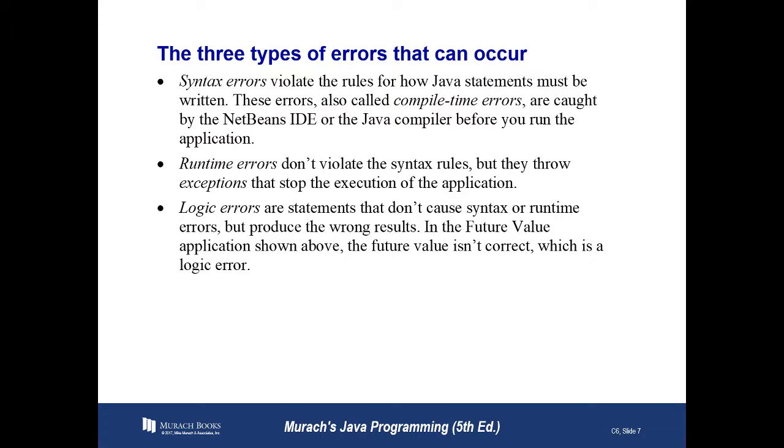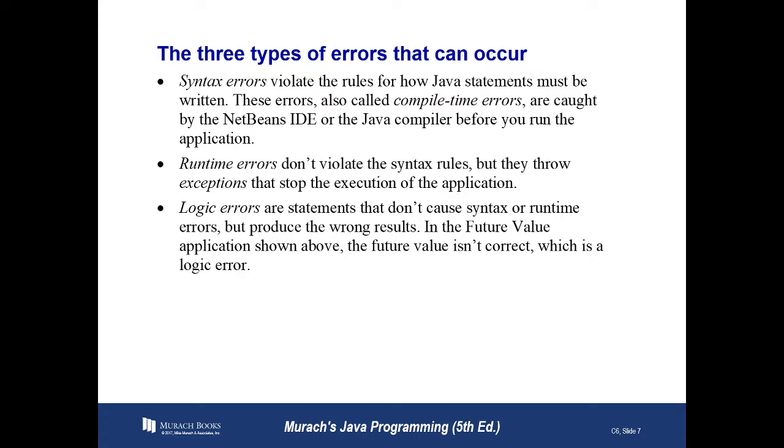So when we get the message from NetBeans that we have an error and it says, would you like to run the last good compile, we always want to say no, because we want to be running a current version of our code. So if we have a syntax error, we need to fix it.